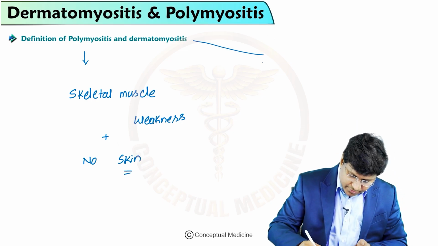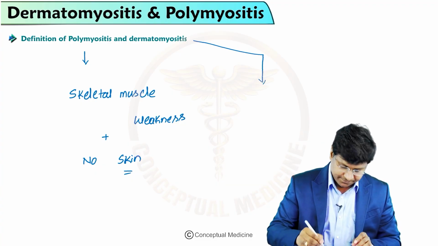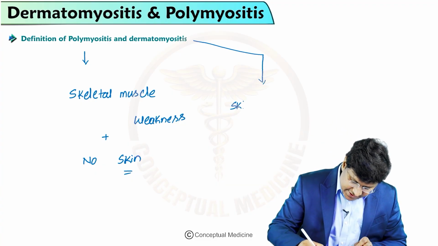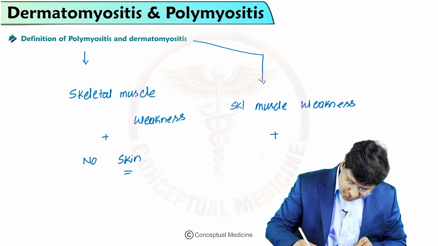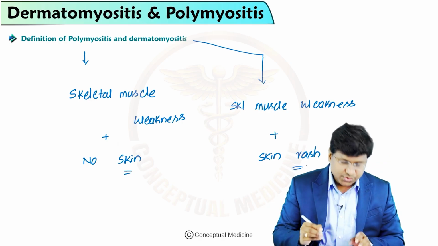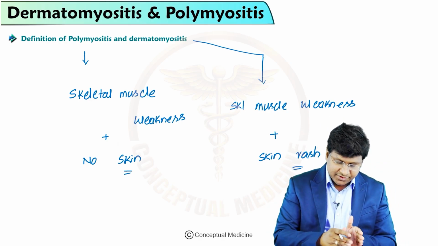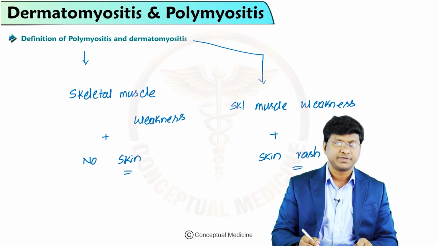Whereas in case of dermatomyositis, you will have both. There will be skeletal muscle weakness and along with that, you have a characteristic skin rash. So that is the difference between polymyositis and dermatomyositis.